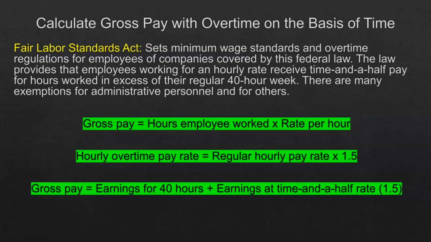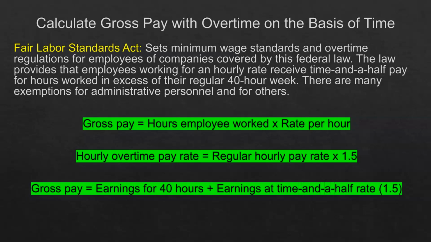So this is the Fair Labor Standards Act, and it basically is just talking about time and a half pay if you work more than 40 hours per week. There, of course, are exemptions in some cases, but a lot of people earn overtime pay, and of course the rate is much nicer than the hourly pay. So to find gross pay, we take the number of hours the employee worked times the rate per hour.